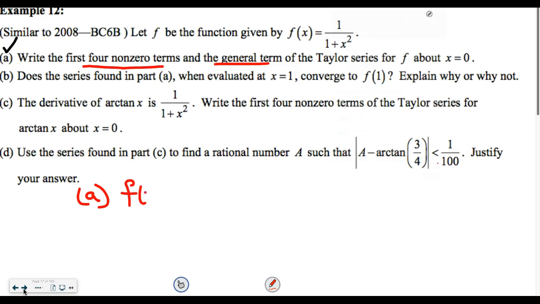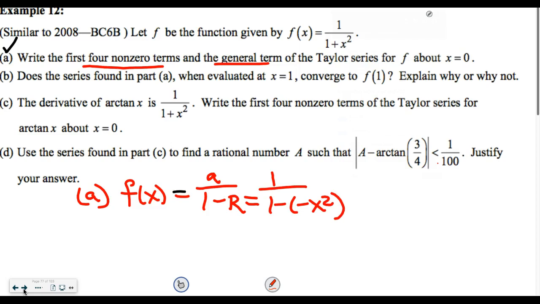F of x equals, this is of the form a over 1 minus r. A is 1, and I always like to write everything out when I'm doing an actual FRQ, so it triggers me to do it correctly. So Gunnar, when this starts at 1, what will I now keep multiplying by consistently?